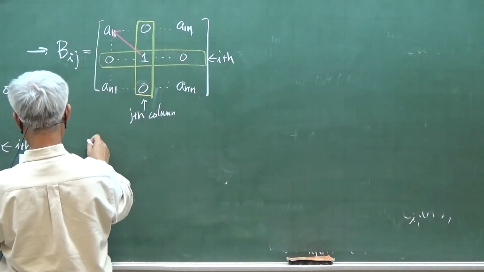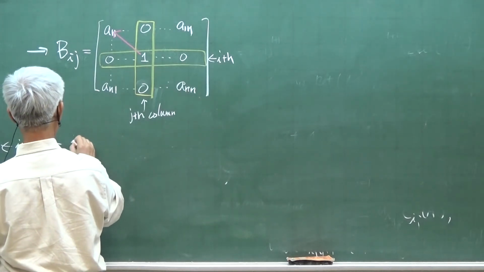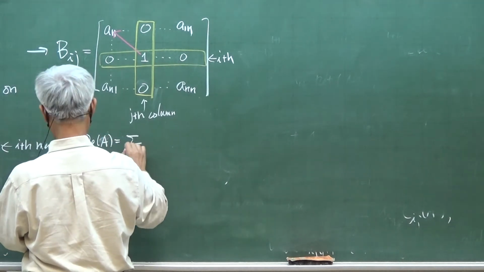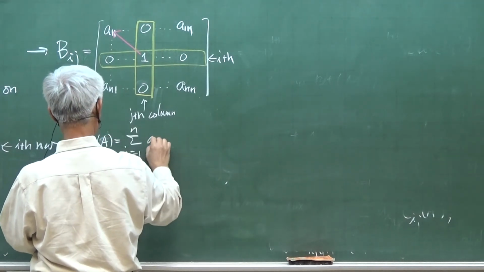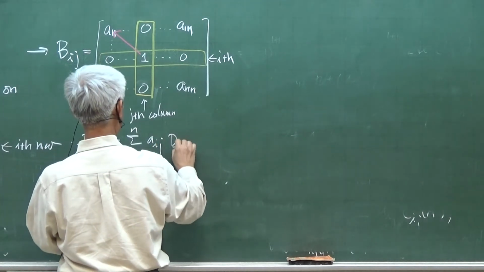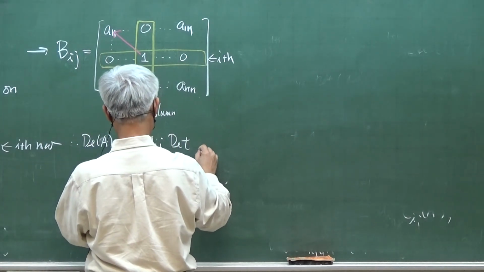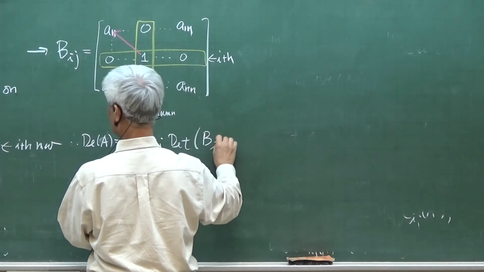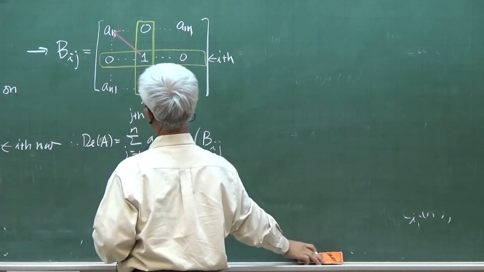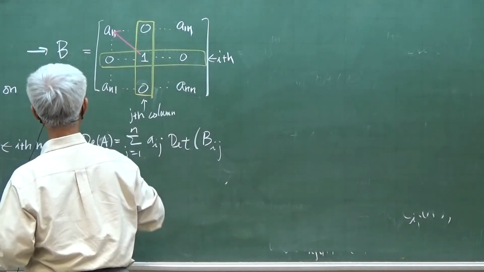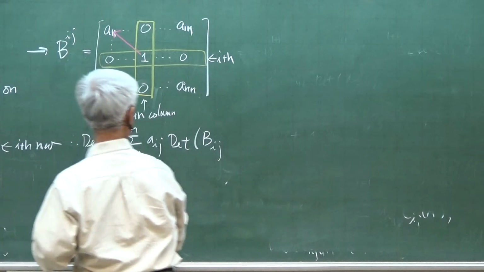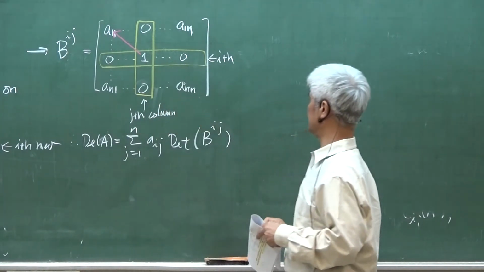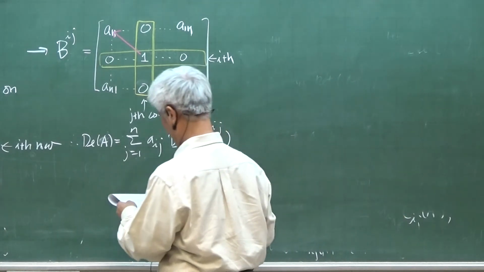Before that, let me write down that the determinant of A is equal to the sum from 1 to n of a_ij times the determinant of B_ij.